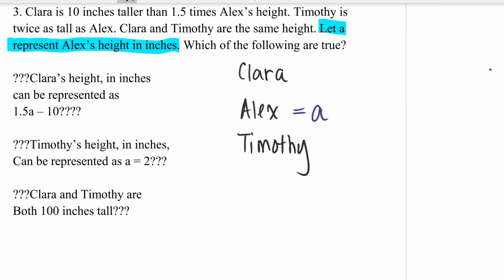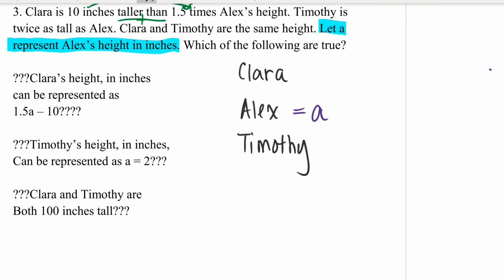Now let's go back, and they gave us some information about the other 2 people. In the very first sentence, it says Clara is 10 inches taller than. So that's like more than right here. More than means add. And we're going to switch the order in which we see the information.